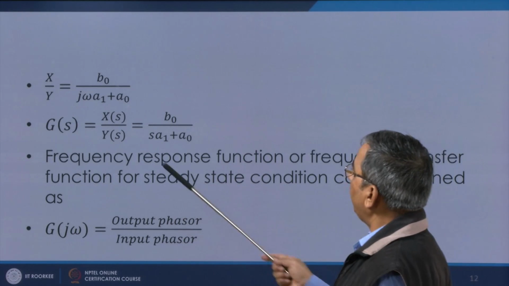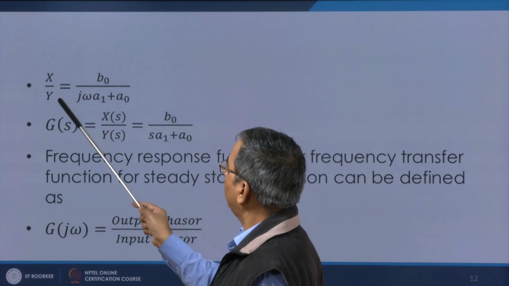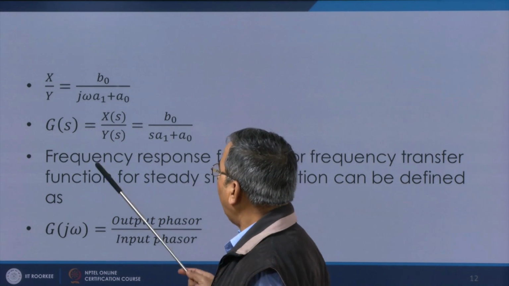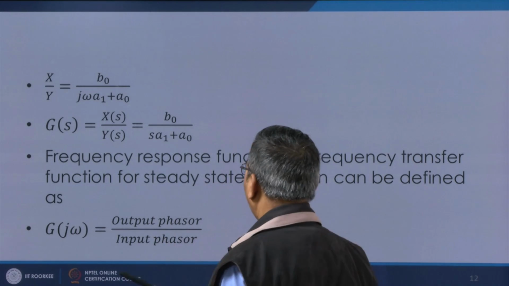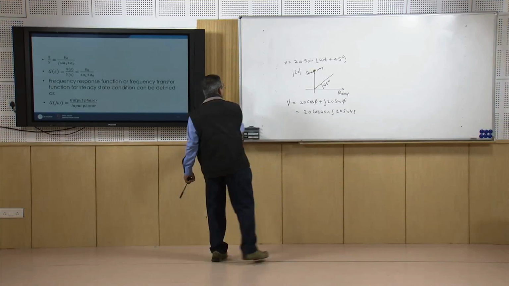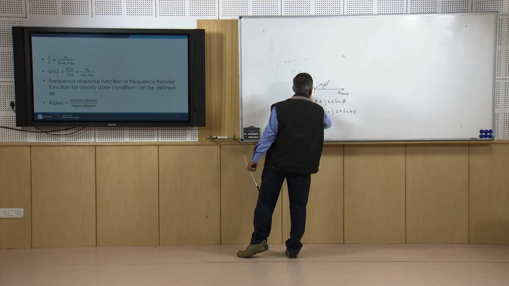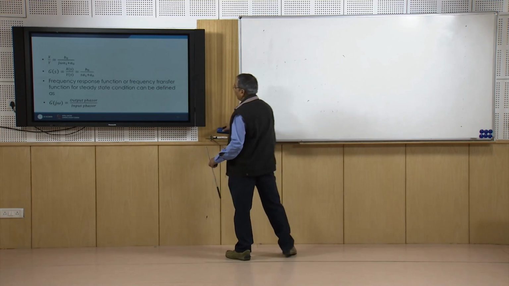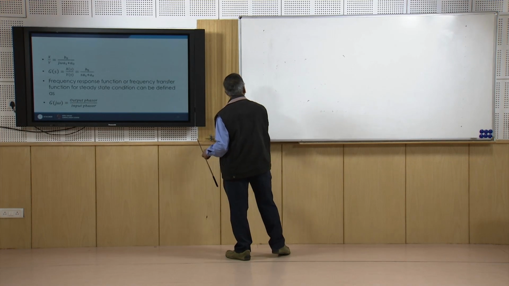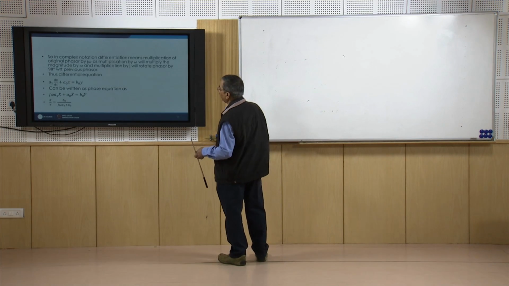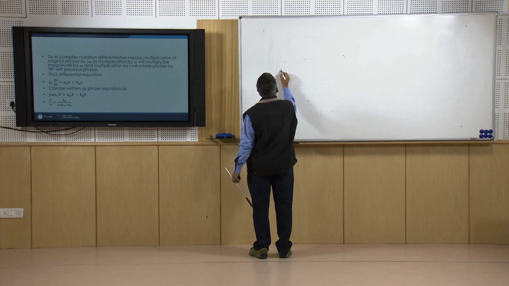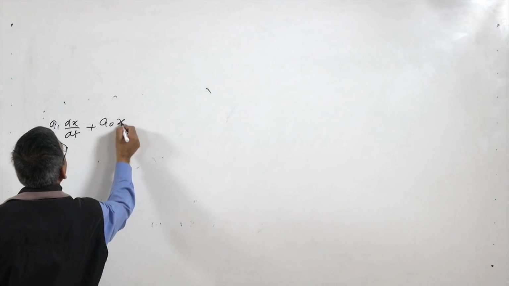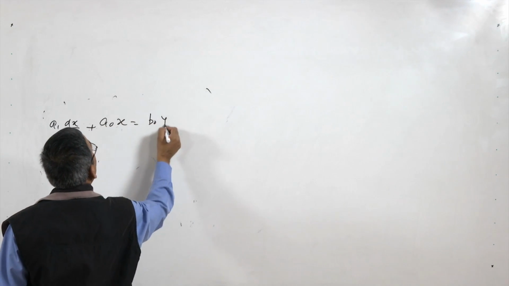Now this is my ratio x by y is equal to b0 by j omega a1 plus a0. I hope you remember that for the first order system, when we found out the transfer function, we had a1 dx by dt plus a0 x is equal to b0 y.